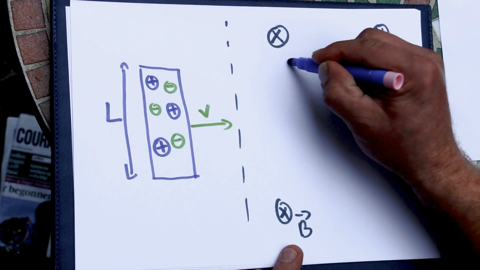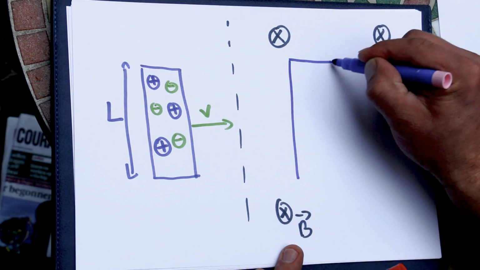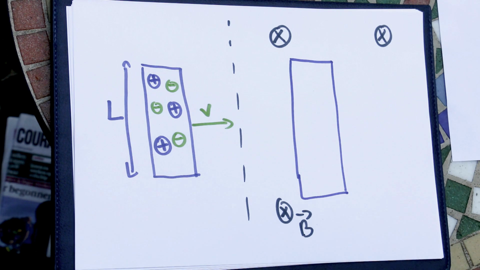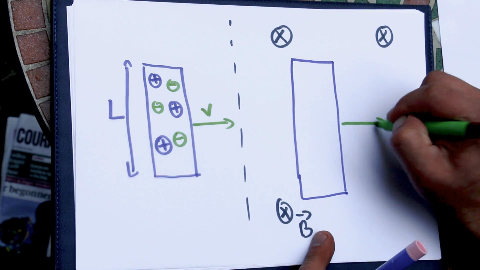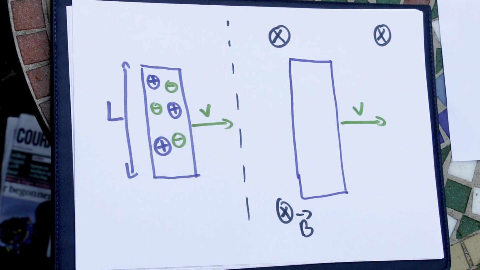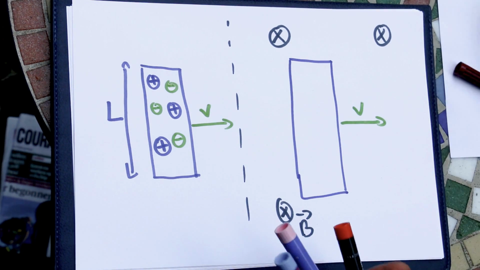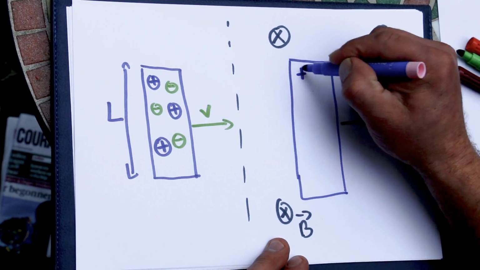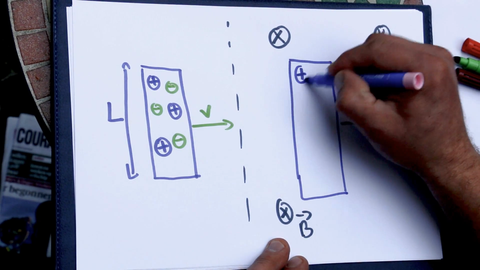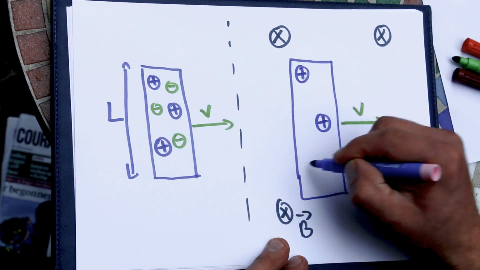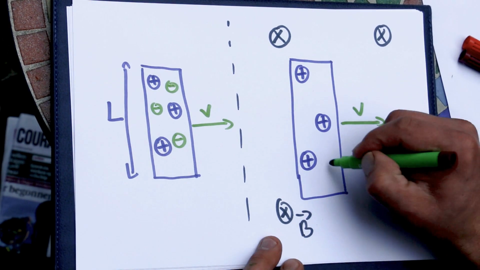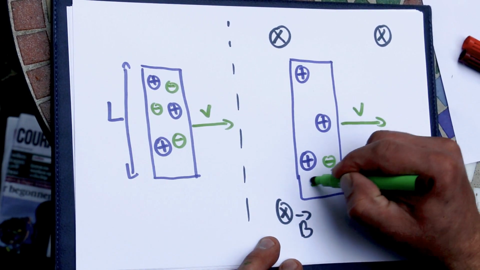So let's draw what's going on in the bar when it is now moving within the magnetic field. You still have the positive charges, which are within the bar, fixed. And you have the electrons, which are now downwards.